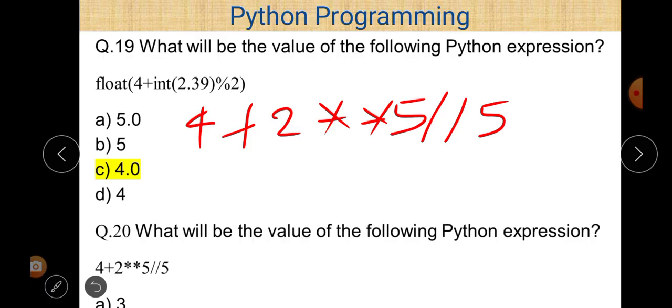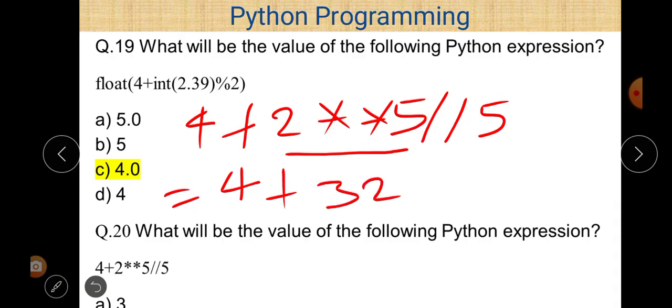The precedence of the exponent operator is highest, so we have to solve this part first. So it is 4 plus 2 power 5, and 2 power 5 is equal to 32, and then float division 5.